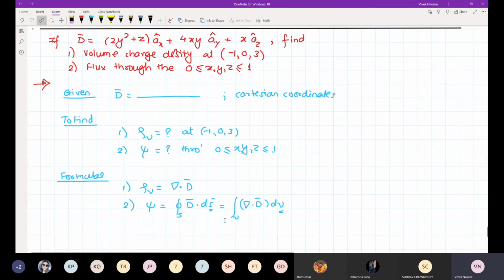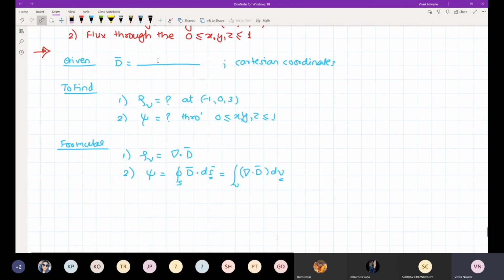So we will require another formula which will tell us the information about divergence of a vector in Cartesian coordinate system. That is a straightforward expression: dabba by dabba x of dx plus dabba by dabba y of dy plus dabba by dabba z of dz, where dx is a term associated with ax cap, dy is a term associated with ay cap, and dz is a term associated with az cap.